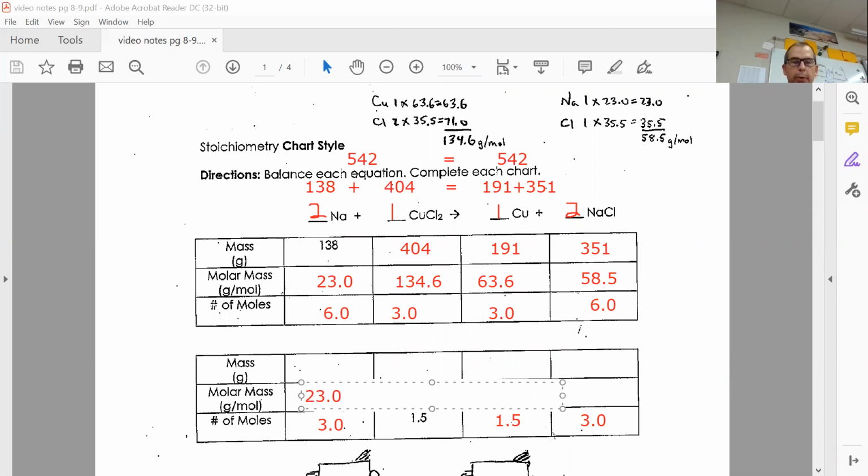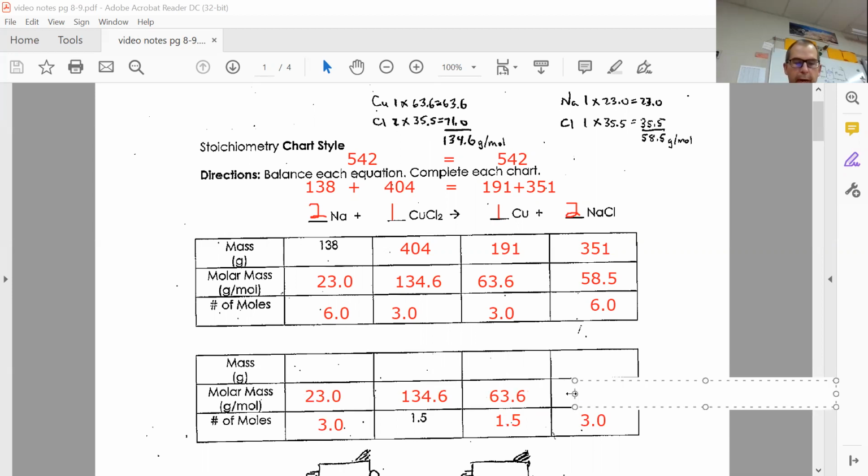23.0, I'll keep going, 134.6, and I'll keep going, and I'll say 63.6, and then the last one I'll say 58.5. So I'm just copying down those molar masses, which we figured out before. And remember, going bottom to top, we multiply.